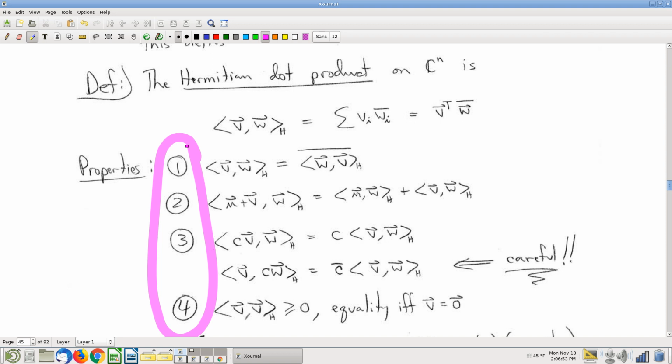But they're not that far off. It's just a couple of tweaks. If you switch the order of the vectors, it doesn't stay the same, but it just conjugates. So V Hermitian dot W is the conjugate of W Hermitian dot V. If you factor out a scalar on the right-hand side, you just have to conjugate that scalar before you factor it out. A little minor tweak. And other than that, everything's fine and dandy.